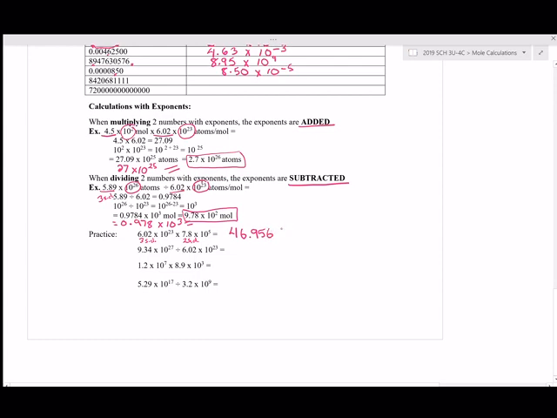Then we're going to say it's 10 to the 23 times 10 to the 5. So we're going to add those. So that's going to be to the 28. And then we're going to clean it up.